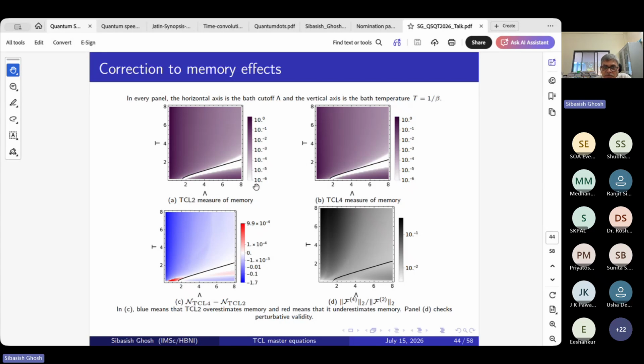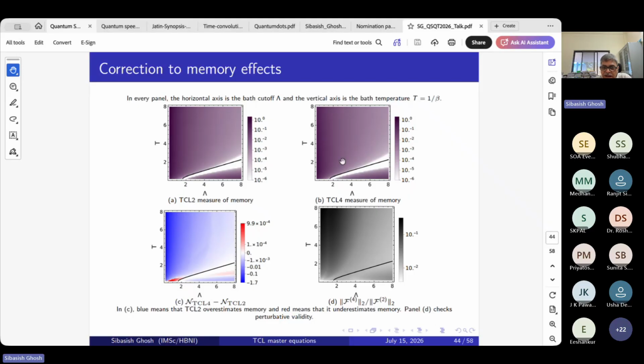You see that as you go from bottom to top, it increases. This is temperature versus capital gamma, and in this white region the distance is the highest, and so the distance is the smallest one.